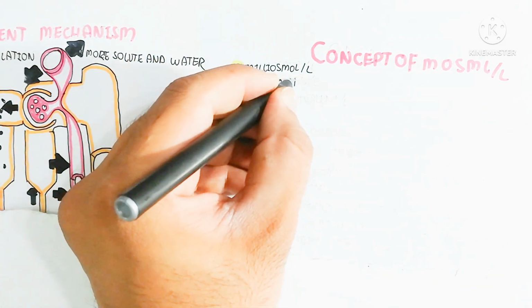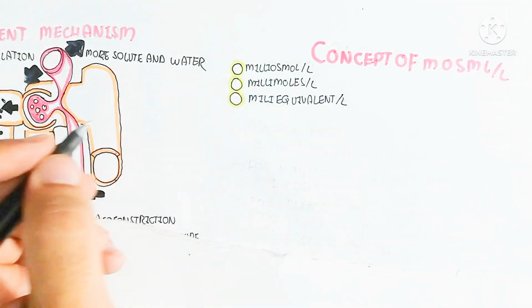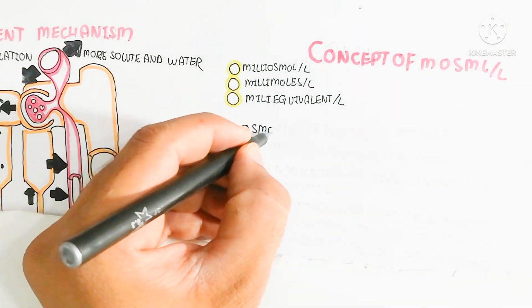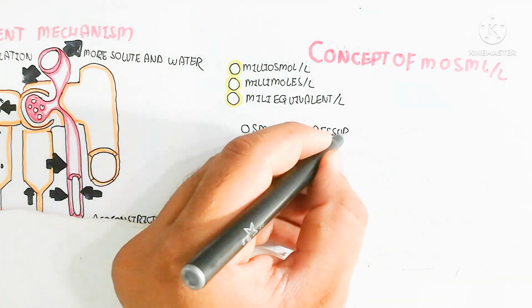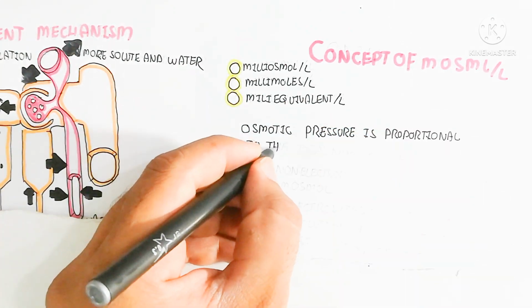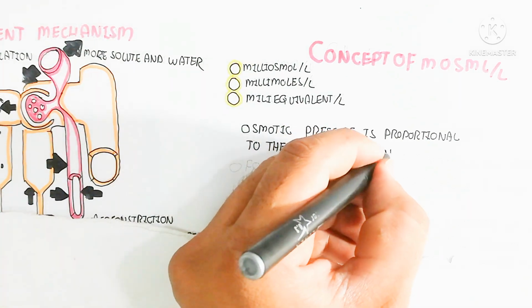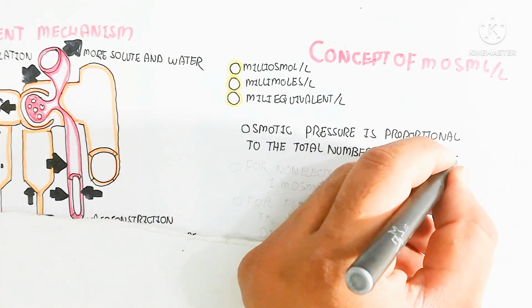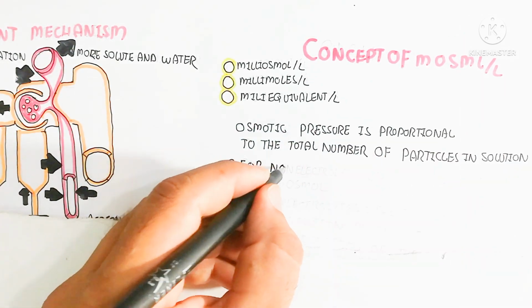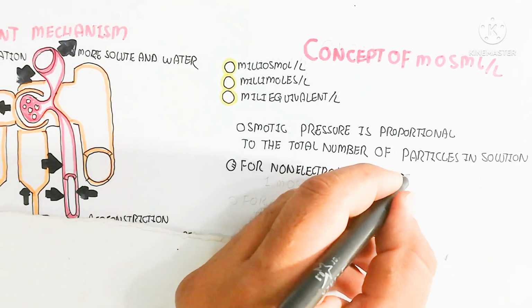So let's begin to understand the concept of milliosmol per liter. The milliosmol per liter can be expressed as milliosmol per liter or milliequivalent per liter. This term is used for it, and the osmotic pressure is proportional to the total number of particles in solution.